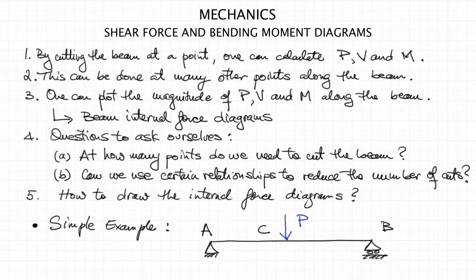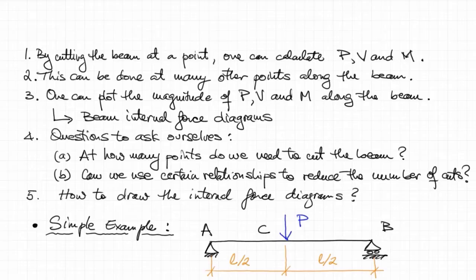The force P acts at point C, which is half L, half the span L, away from point A, and again half L away from point B. So in other words, force P at point C is right in the middle of the beam.